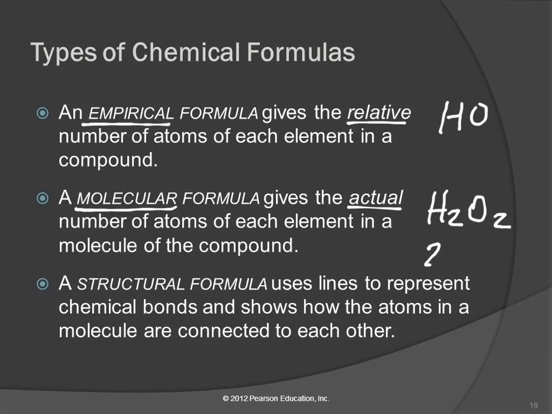This is like the ratio 2 to 2, and that can be reduced; it's the same ratio as 1 to 1. So the empirical formula is always the lowest ratio, but the molecular formula gives us the actual amount. And then the structural formula tells us about the structure of the molecule and shows how the atoms are connected to each other.